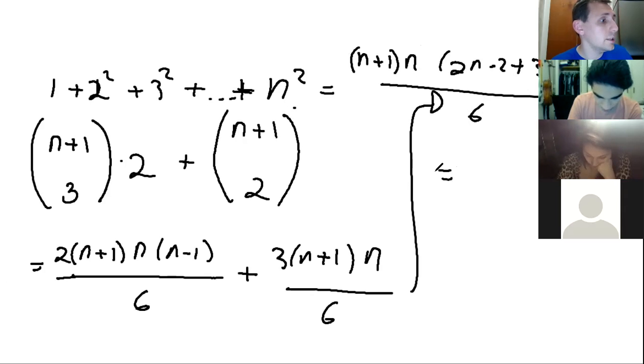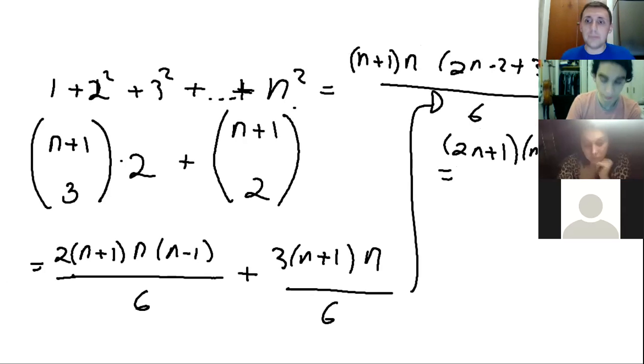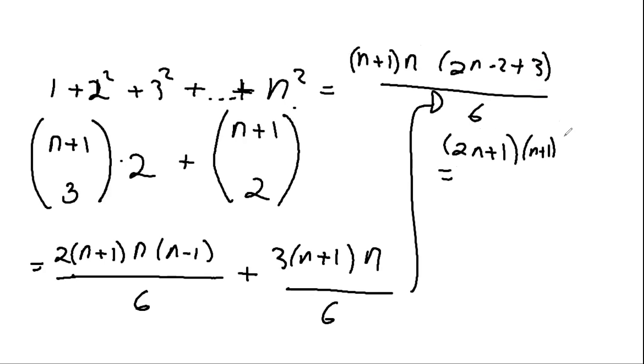Altogether, I get 2n plus 1. So if I arrange it in order, it is 2n plus 1 times n plus 1 times n divided by 6. That's my formula. Good.